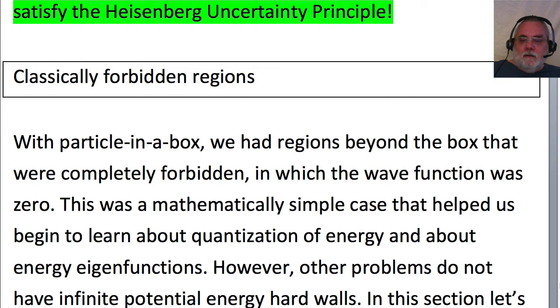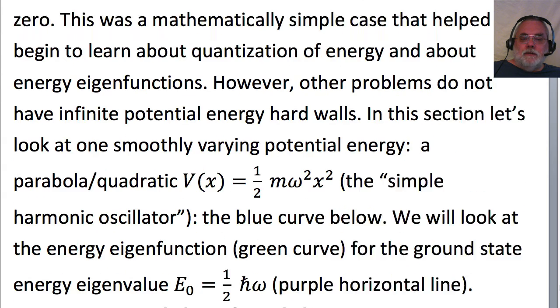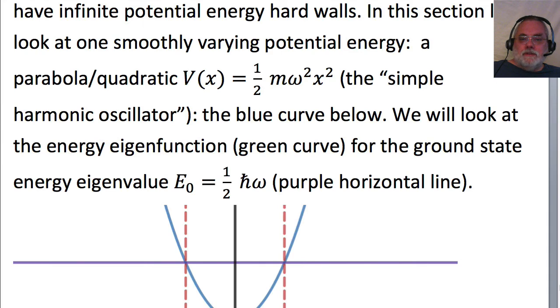However, other problems do not have infinite potential energy hard walls. In this section, let's look at one smoothly varying potential energy, a quadratic parabola, V of x equals 1/2 m omega squared x squared, the simple harmonic oscillator.